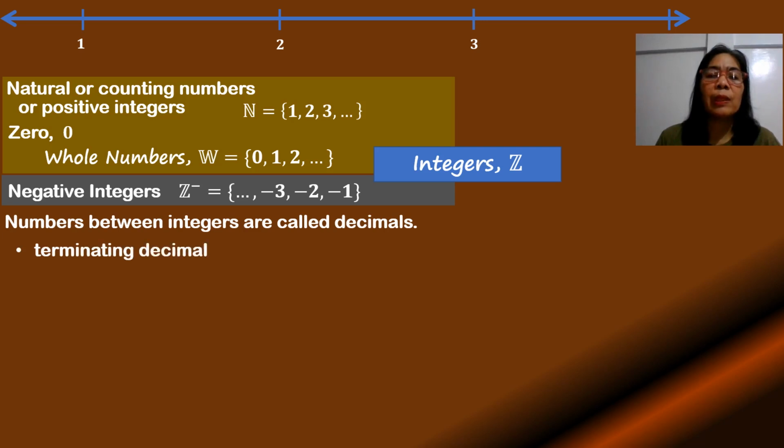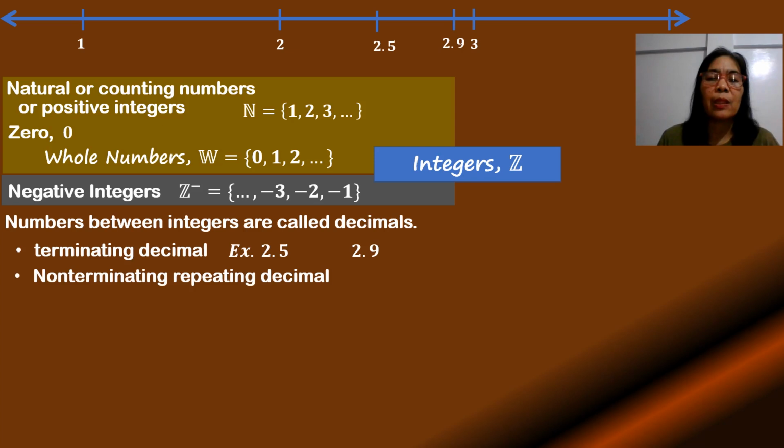We have the terminating decimal. For example, we have 2.5. We know 2.5 is between 2 and 3. Or we have a decimal 2.9. We know 2.9 is greater than 2.5 but less than 3, so we can approximately locate that one in here. These are examples of terminating decimals.